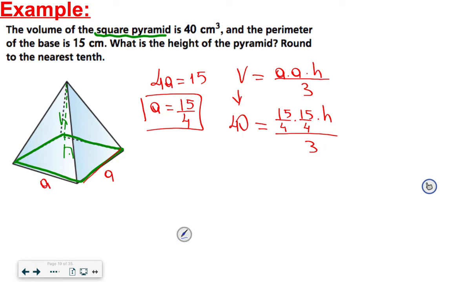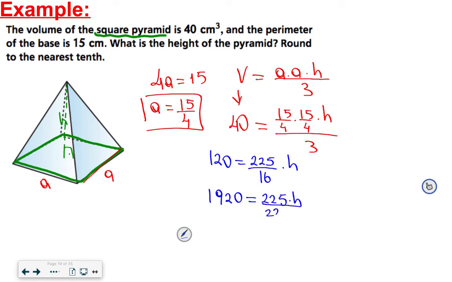If you use cross multiplication, you will get 120 is equal to 225 over 16 times height. Use cross multiplication again. 120 times 16 is going to be 1920, which is equal to 225 times height.